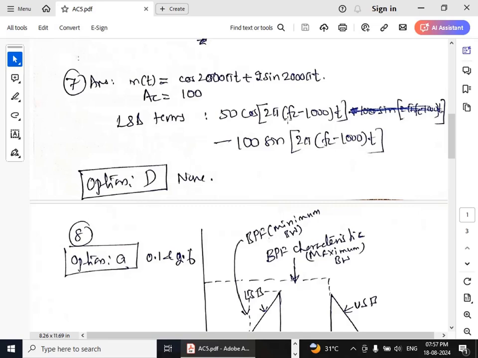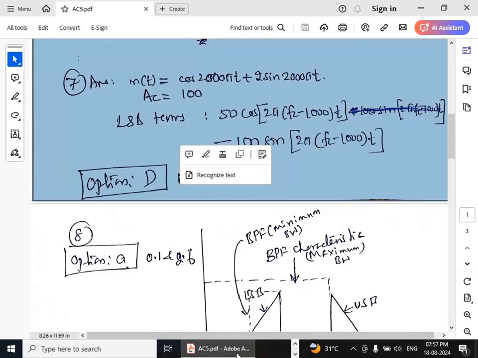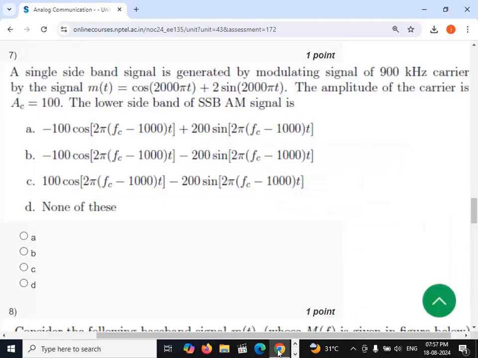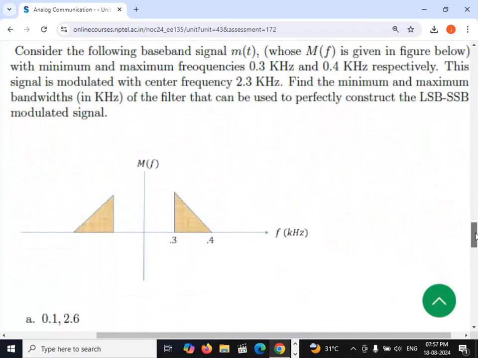This expression is not given as an option. Therefore the option is D, none of these.